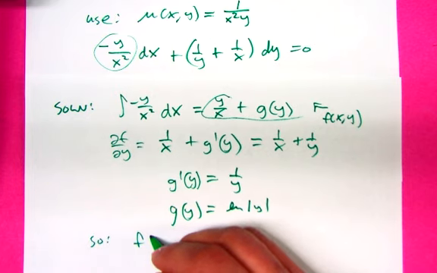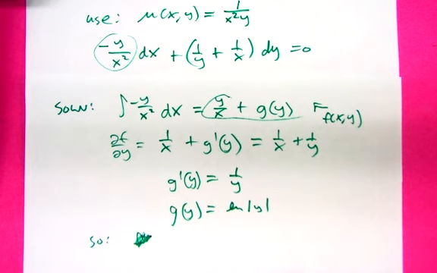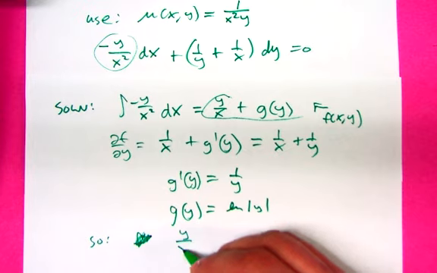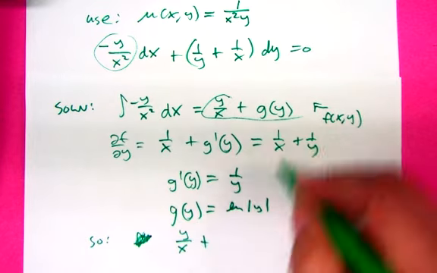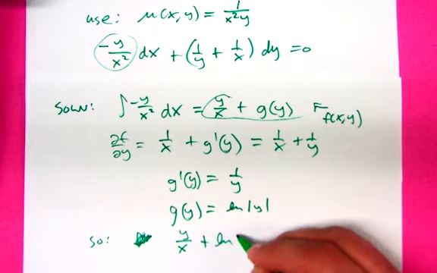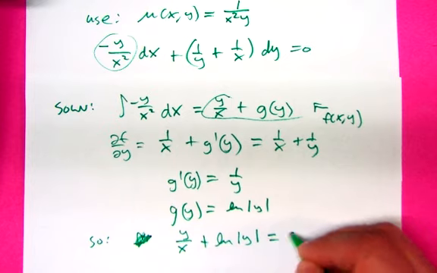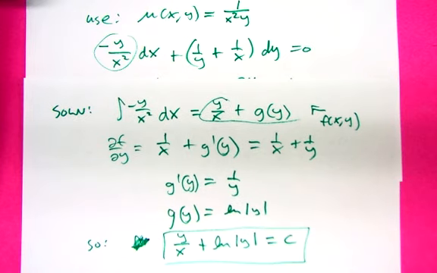The solution is y over x plus natural log y equals a constant. We don't have to find that constant, unless they give you an initial condition, then yes. If there's no IVP, then no. All right, so that's the last section.